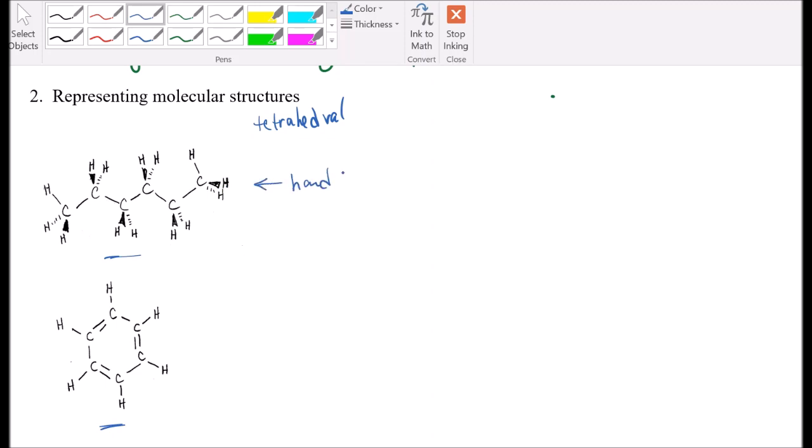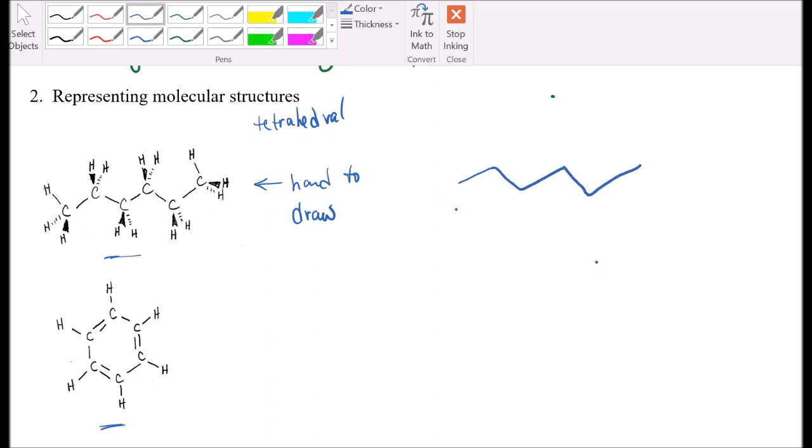But often chemists will not draw this structure in all its detail. It takes too long to draw. So there's a simplified way to represent organic molecules that you need to become familiar with. In the simplified model of hexane, you just draw this squiggly line.